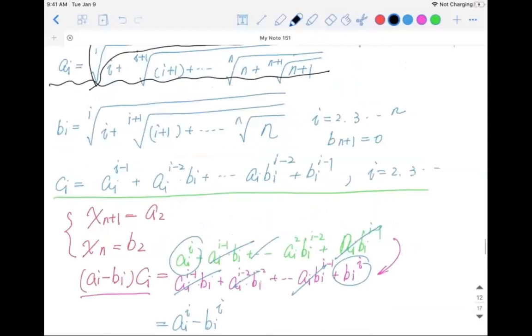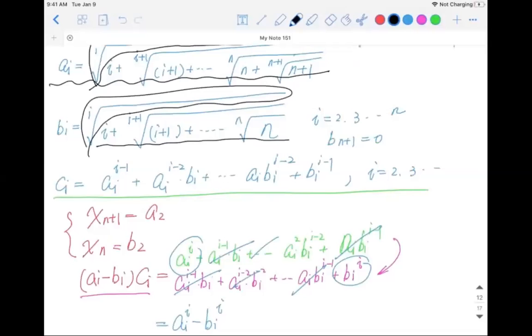BI to the power of I is exactly the same thing. You're going to cross out all those, leaving the remainder, right? So that will be exactly equal to what? I'm just going to highlight it here. It's going to be this part minus this part, right? Well, this part minus this part is actually equal to what?